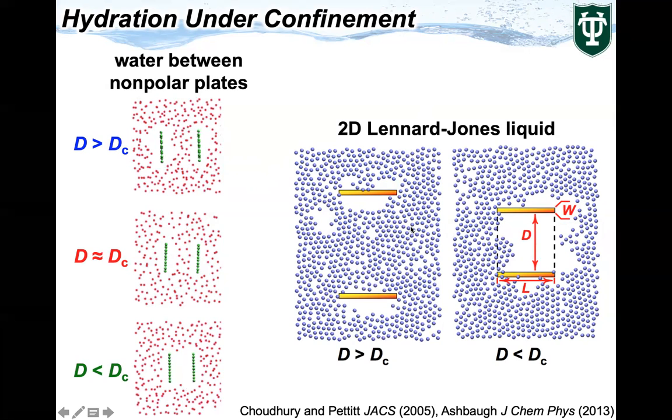And so you get spontaneous drying in the case of non-wetting walls. Now, these are for two walls coming together.